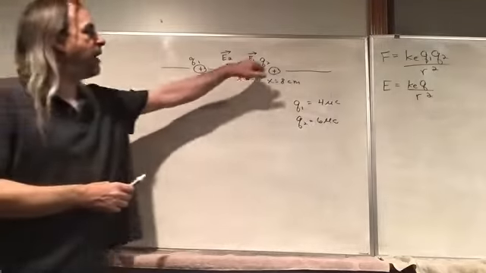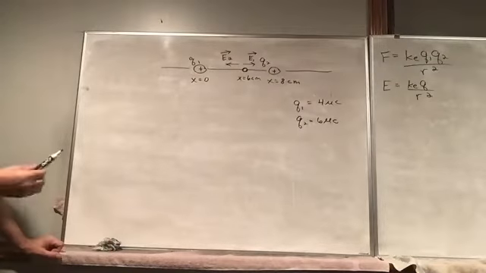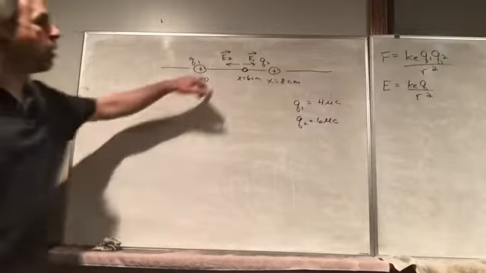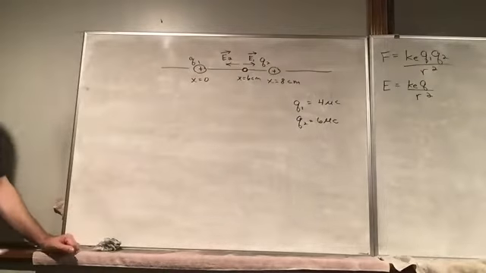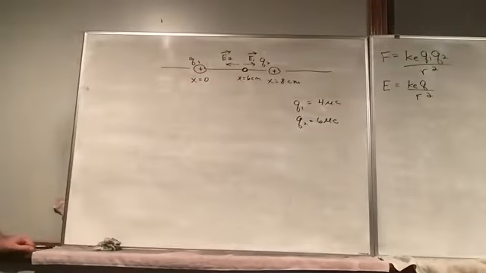So what we have to do is find the magnitudes of E1 and E2, and then add them as vectors. And because it's a one-dimensional problem, adding will be much easier. We don't have to break anything into components. So we'll just see which one is bigger. That's the way the electric field is going to go. To get the magnitude, we would subtract these two values for E1 and E2.